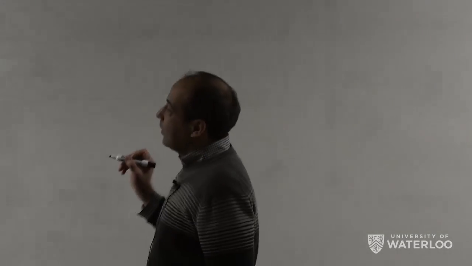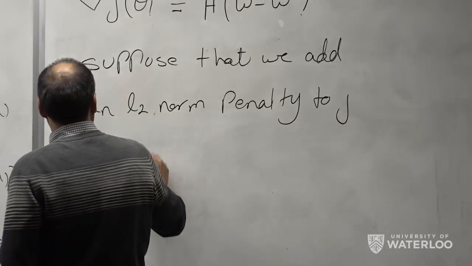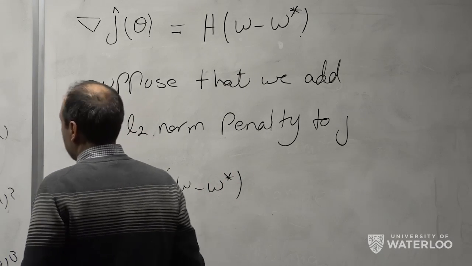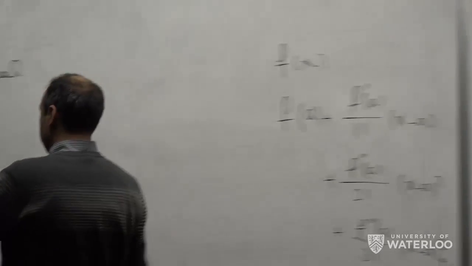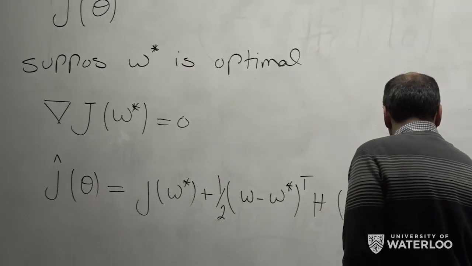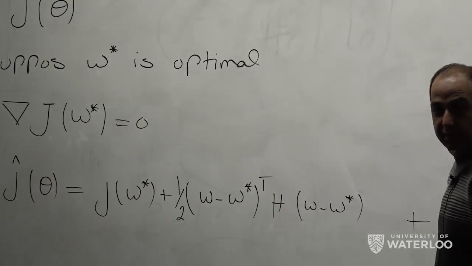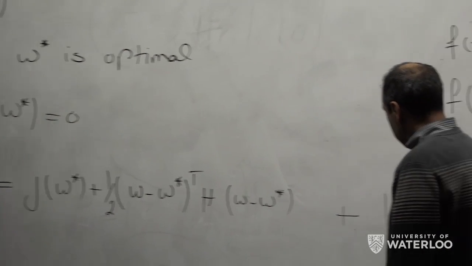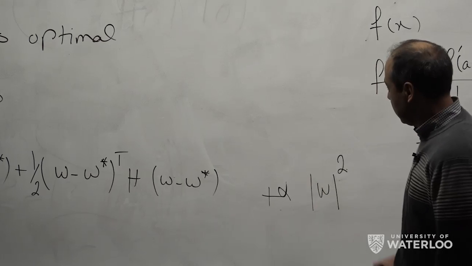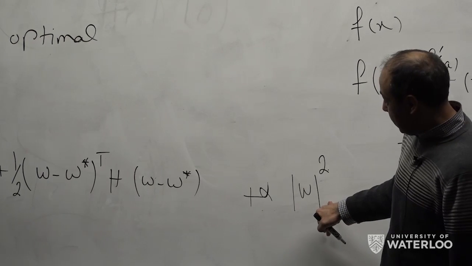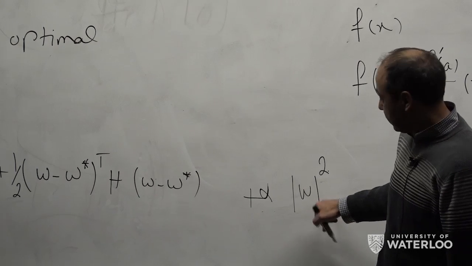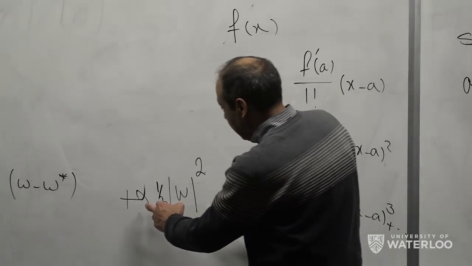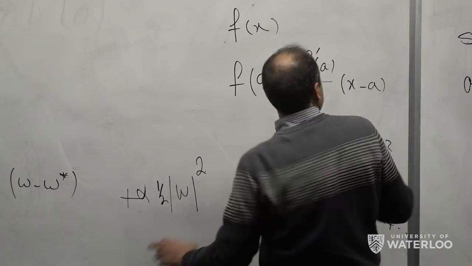In this case, I'm going to have H (w minus w star). That's the derivative of this. And if a penalty term in the form of the L2 norm of w has been added, then when I take the derivative, alpha w will be added.